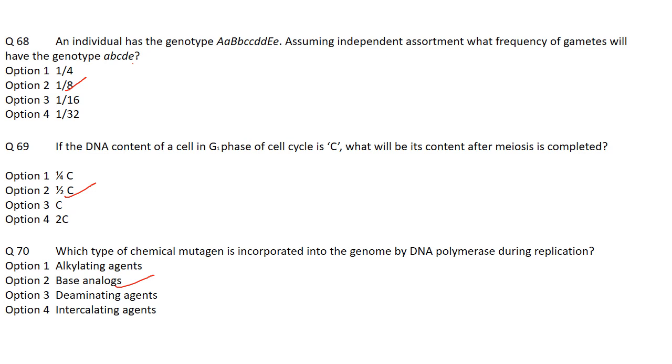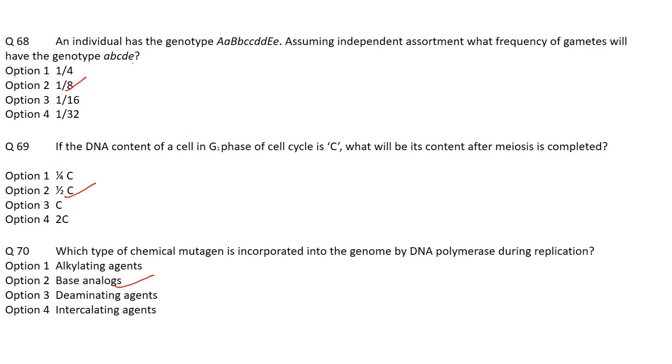An individual has the genotype, they have given the genotype. Assuming independent assortment, what frequency of gametes will have the genotype A, B, C, D, E? All small letters. So they have asked for the frequency of gametes. There is a formula for total gametes, that is 2 raised to n, where n is the number of heterozygotes present.